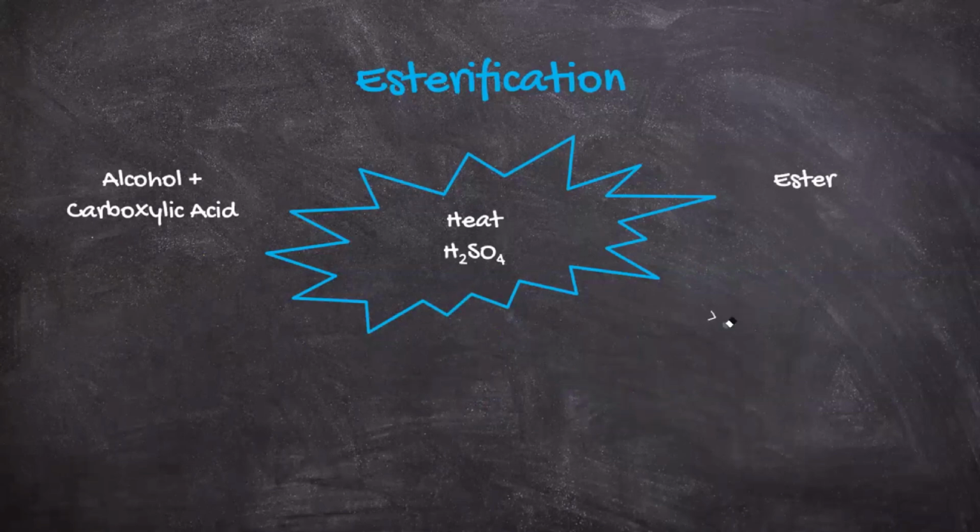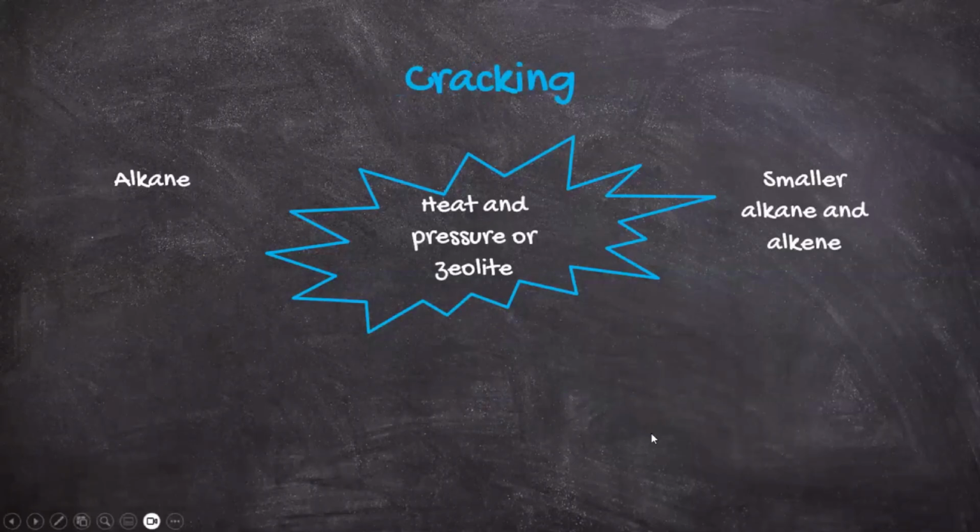So that's how we go about naming esters. And we are going to get to a question where we're going to name an ester in a minute or two. When you are cracking something, we do this to make all kinds of things from oil. So from oil, we can crack that down into octane, into butane, into propane. This is taking an enormous hydrocarbon.